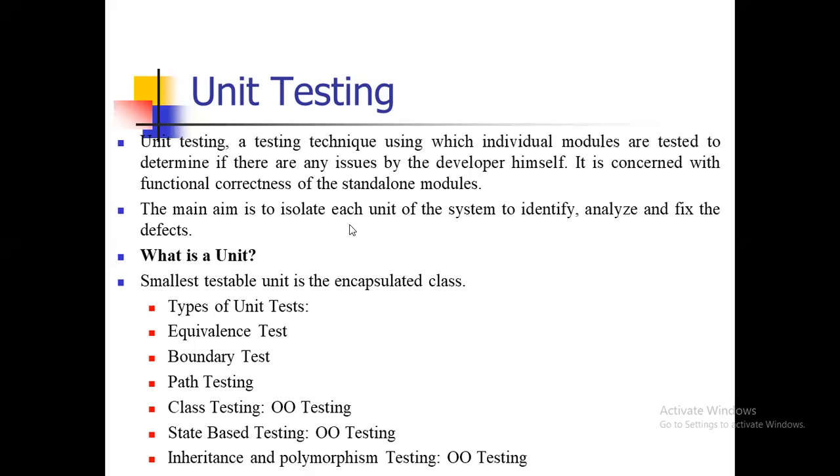That's why we need to test polymorphism and inheritance in the system. We have to test both the methods. These are the types of unit tests.